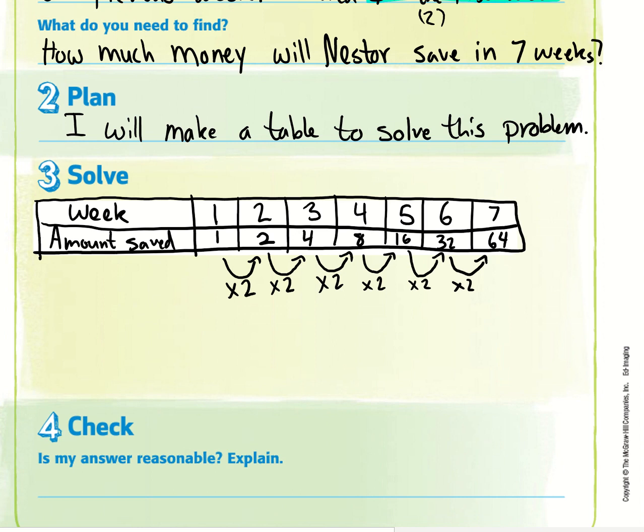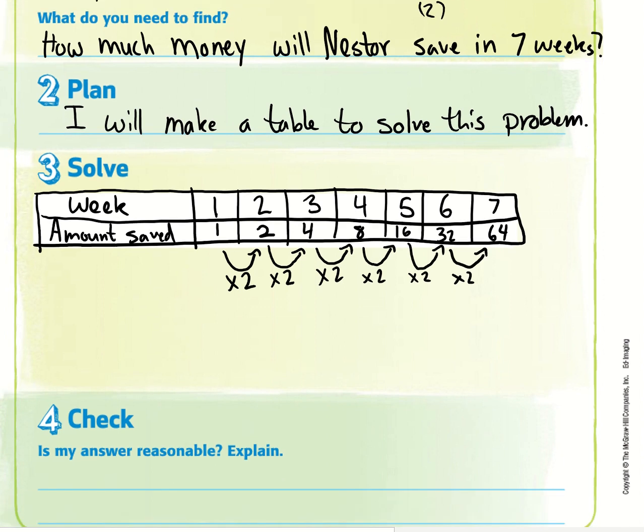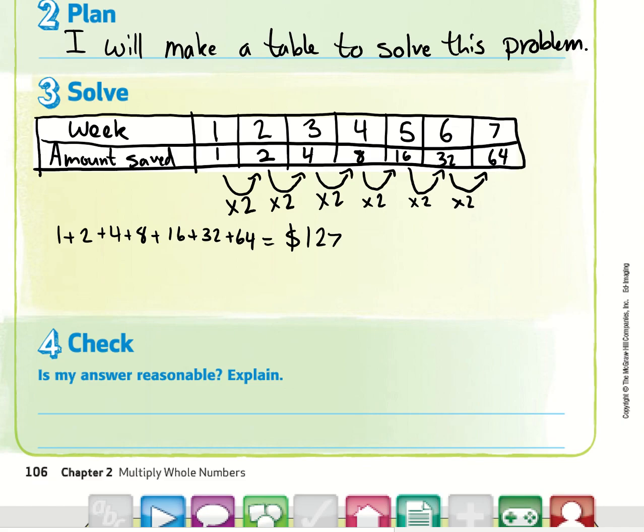So we know that on the 7th week he saved $64. So to find out how much he saved altogether, we're going to add them all up. And we're going to get the final answer: in 7 weeks, he saved a grand total of $127.